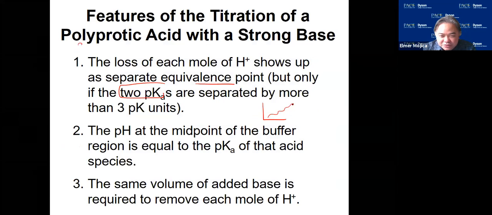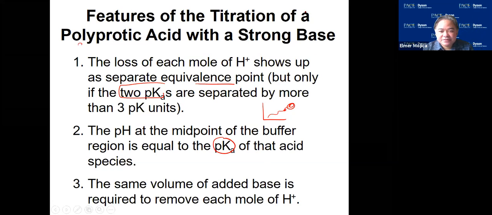But usually you could see that if the difference here is less than 3, you cannot see it distinctly. Okay, so the pH at the midpoint of the buffer region is equal to the pKa of the acid species, and the same volume of added base is required to remove each mole of the H plus.